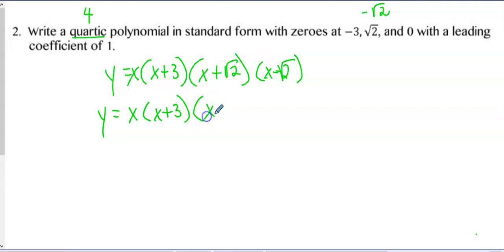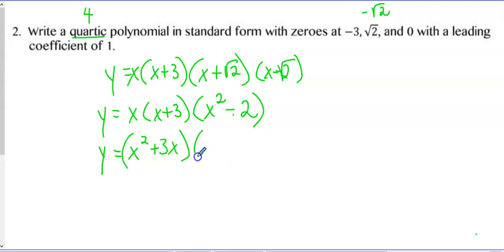This is going to be x squared minus 2, because minus root 2 times root 2 is 2. Now I'll go ahead and distribute this x in here so I don't forget about it. So this is x squared plus 3x.